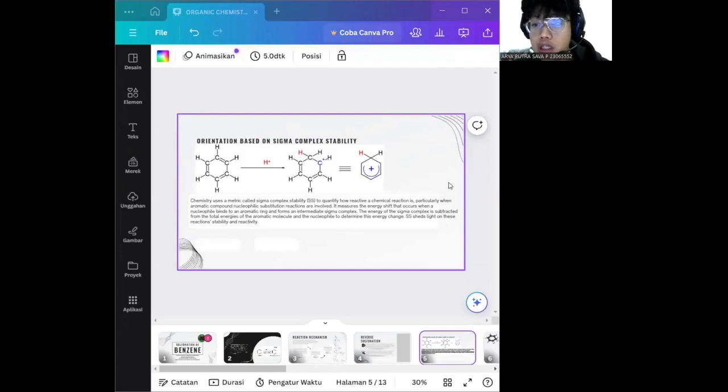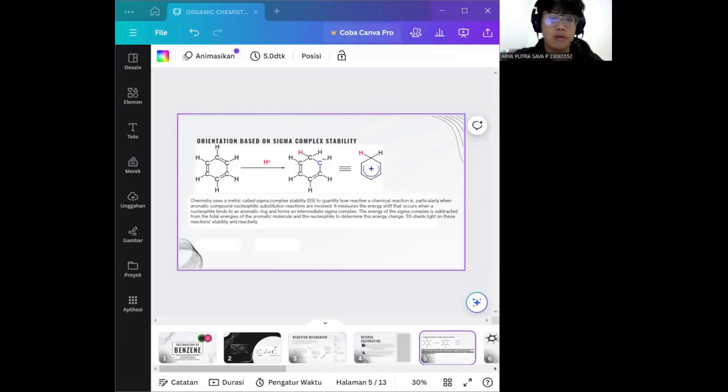It measures the energy shift that occurs when a nucleophile binds to an aromatic ring and forms an intermediate sigma complex. The energy of the sigma complex is subtracted from the total energies of the aromatic molecule and the nucleophile to determine this energy change, SS. That SS sheds light on the reaction's stability and activity.